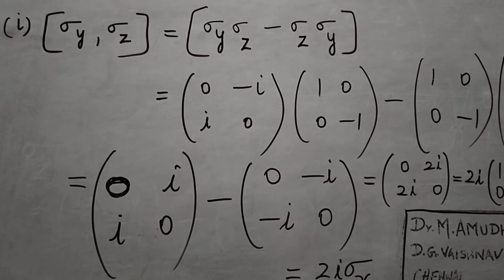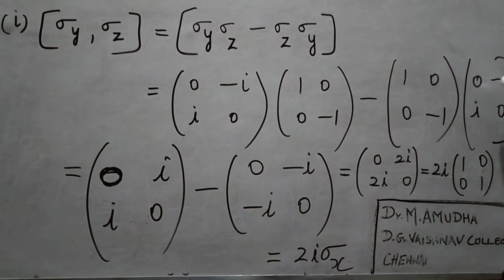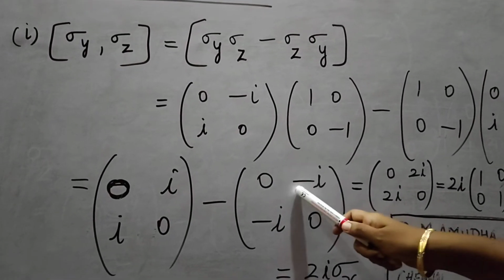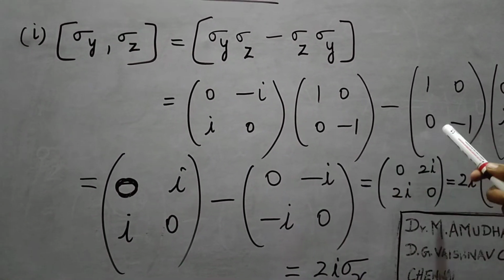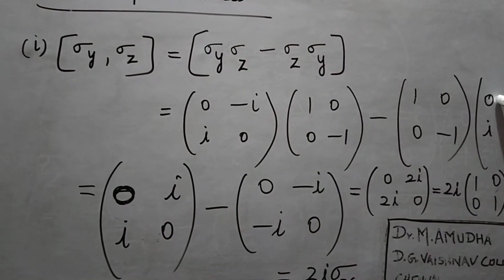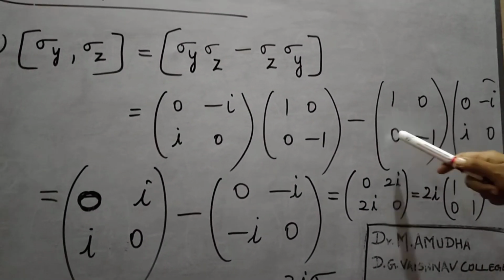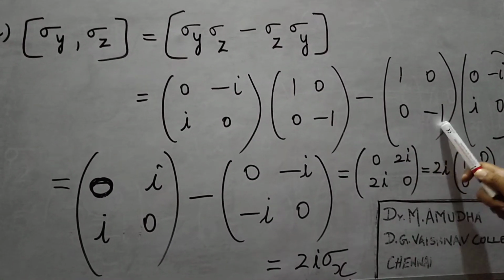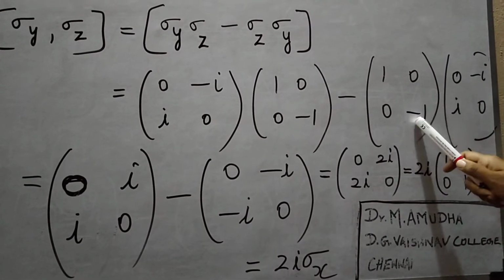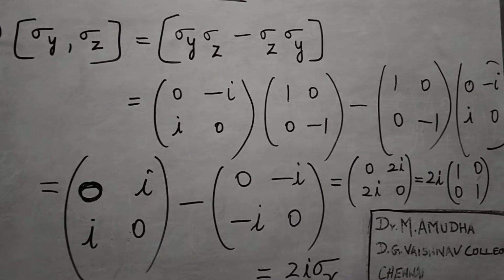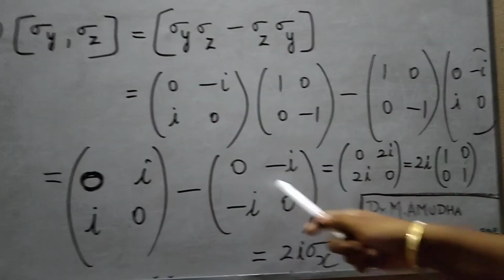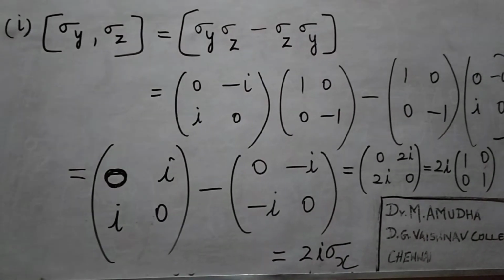And similarly, row into column, 1 into minus i, 0 into 0. So minus i should be at this position. Then row into column, 0 into 0, minus 1 into i, that has to be written here. Similarly, 0 into minus i, minus 1 into 0. Both become 0. So the solution is 0, which has to be put at this point of the matrix.